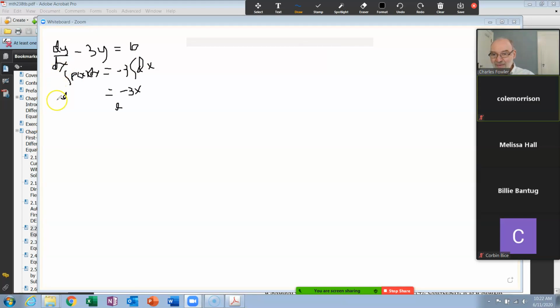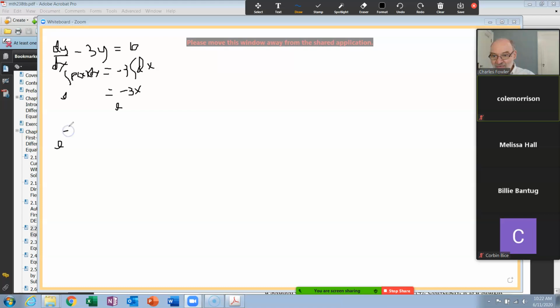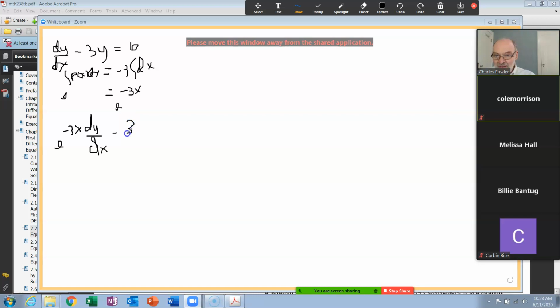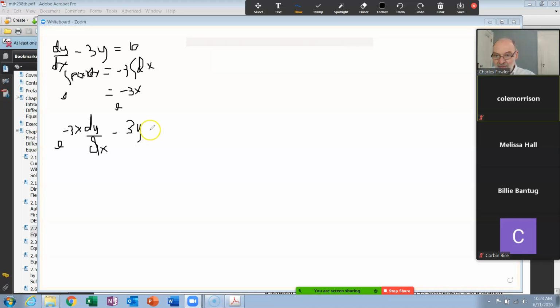Multiply this by everything on both sides. That's an e to the minus 3x dy dx, the bottom d never turns out as well as the top one, it seems like, minus 3y e to the minus 3x.